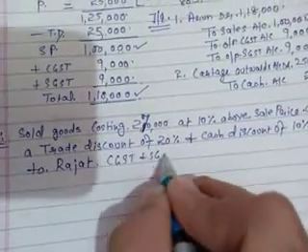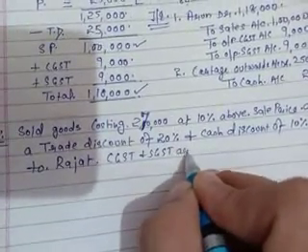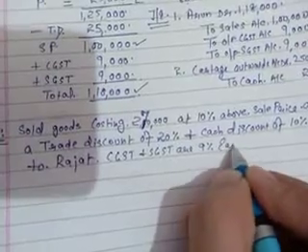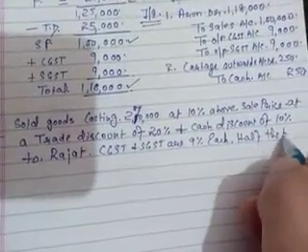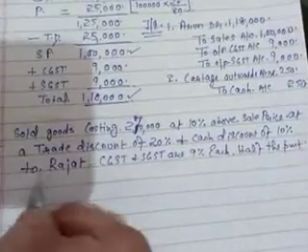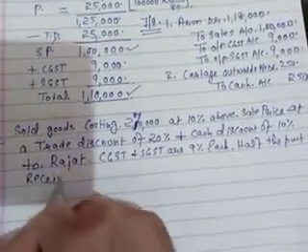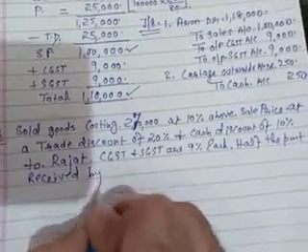CGST and SGST are 9% each. Half the payment received by check.